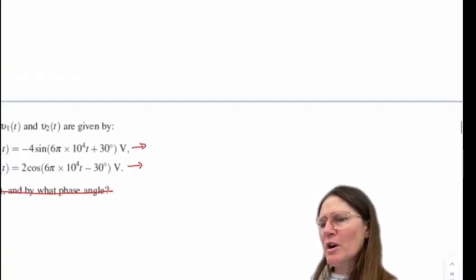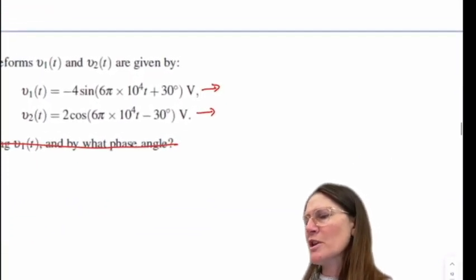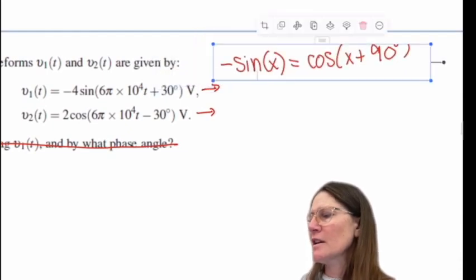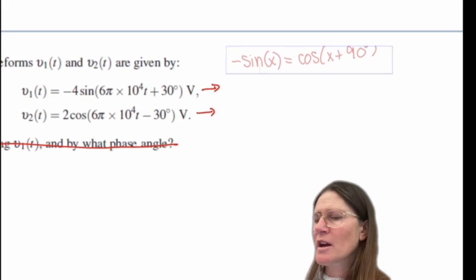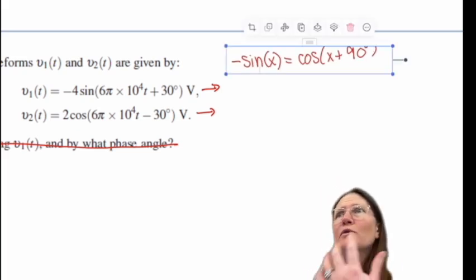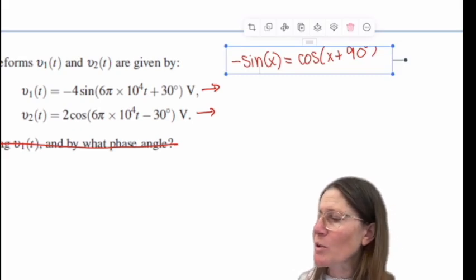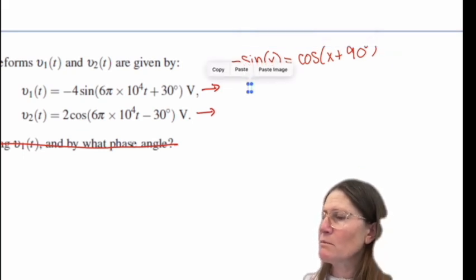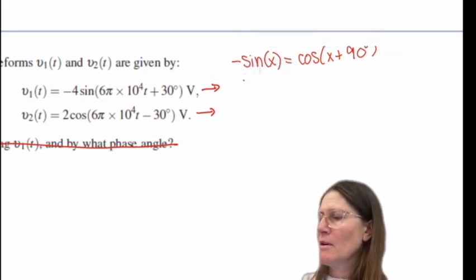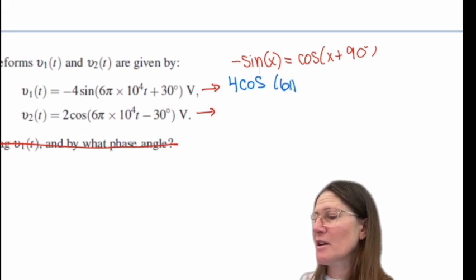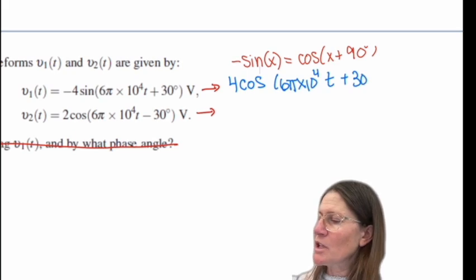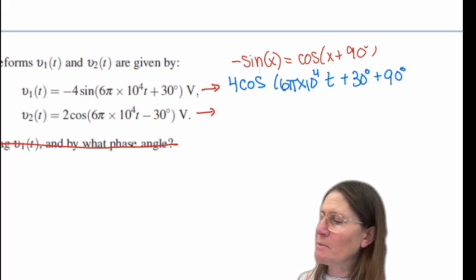All right, on the top one, you have to remember that it is a negative sign, and you want to change it into cosine first before you change into the frequency domain. So this one is 4 cosine(6 pi times 10 to the 4th t plus 30), and then you also add on the 90.